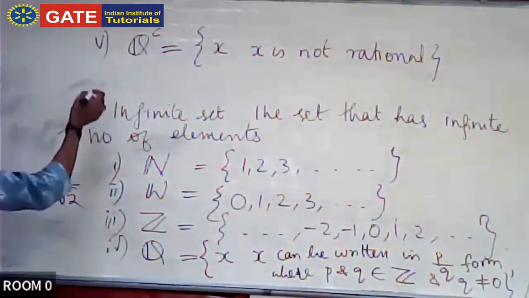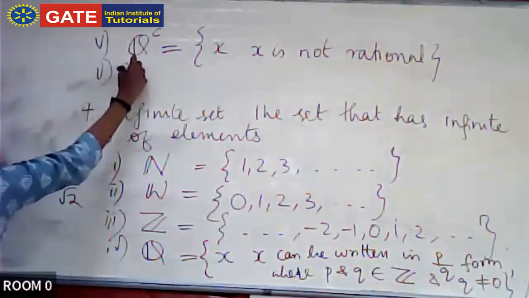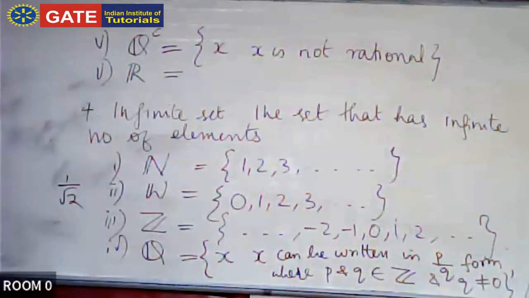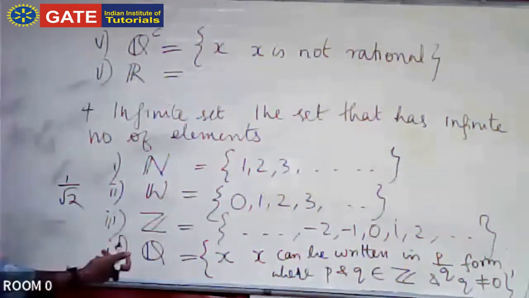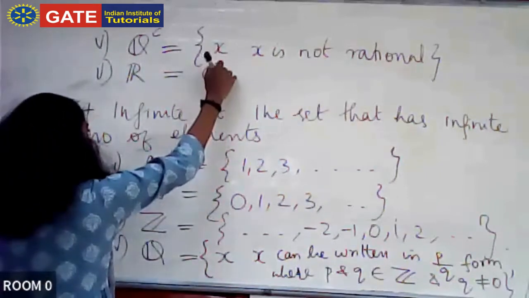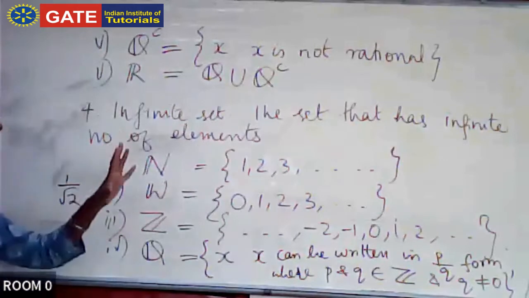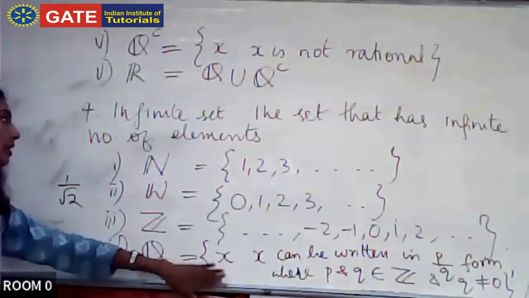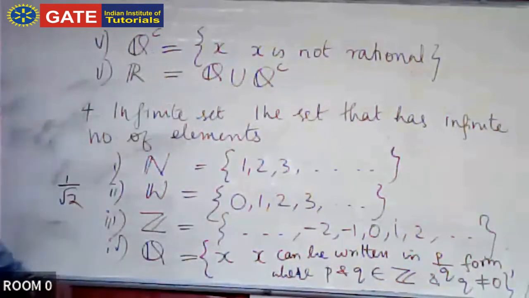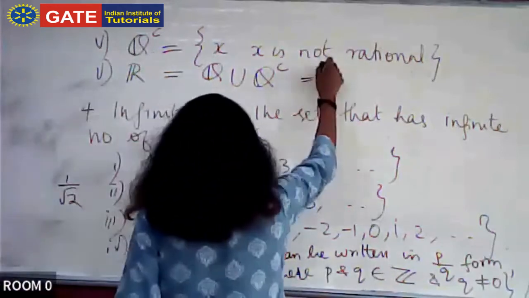Then what is the next set? It is the set of real numbers. The set of real numbers is nothing but Q union Q complement. That is, collect all the elements of this set and this set. That is the set of all rational and irrational numbers.